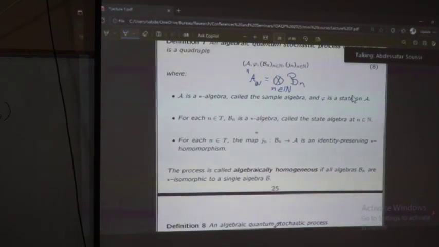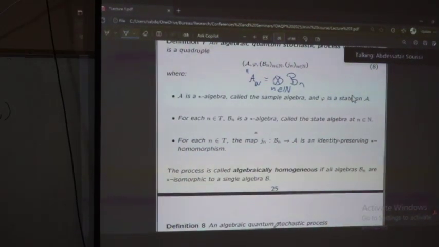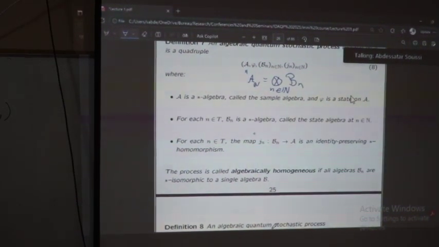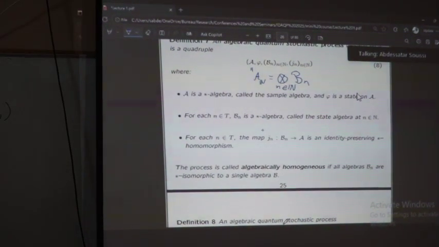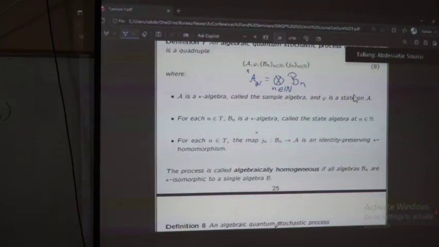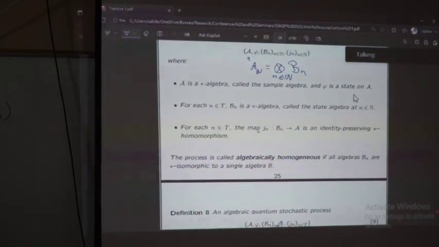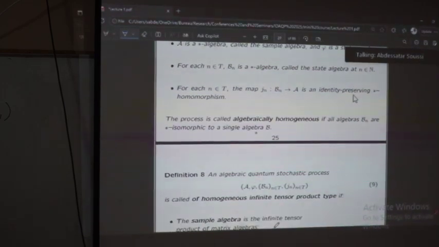The process is known as algebraically homogeneous if all the sample algebras B_n are copies of a single algebra, meaning star-isomorphic to a single algebra.